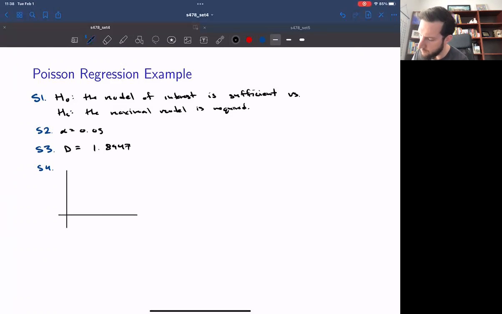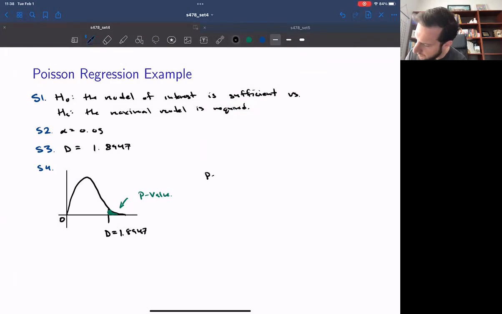So for example, if we were to sketch out a chi-square distribution, and then mark down where the deviance is, this area here is going to be the p-value for this hypothesis test.